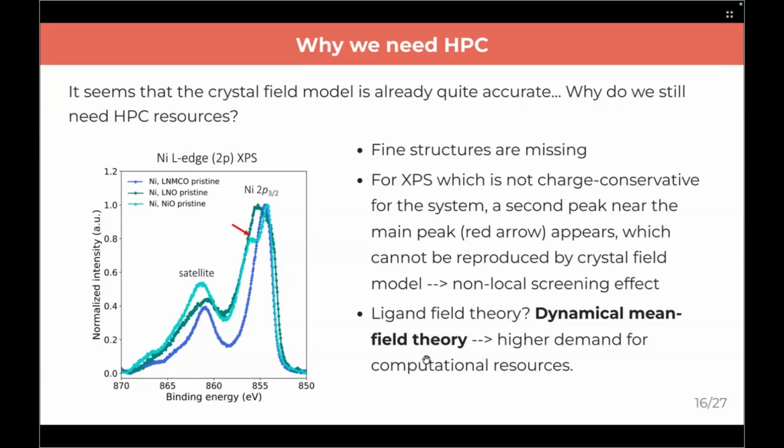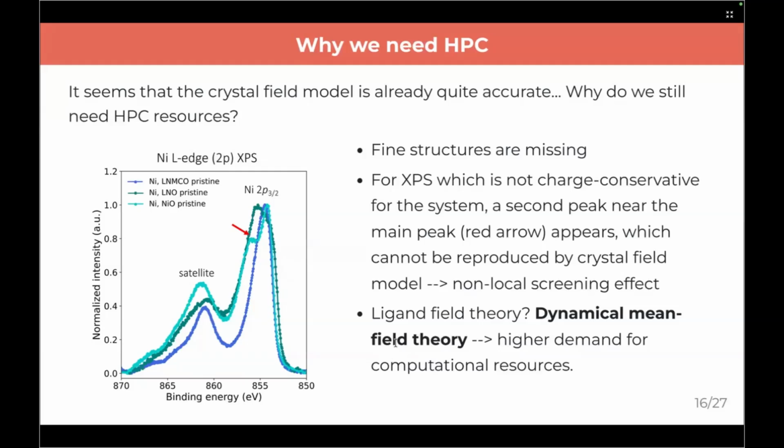So in this regard, you have to really go beyond the crystal field theory and use the so-called dynamical mean field theory. For this kind of calculation, it will be really resource demanding, and the cost of time is also rather high.